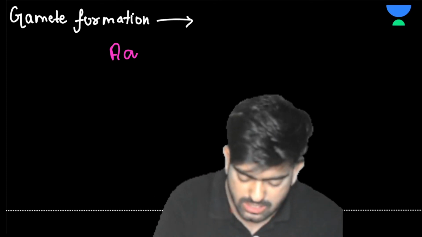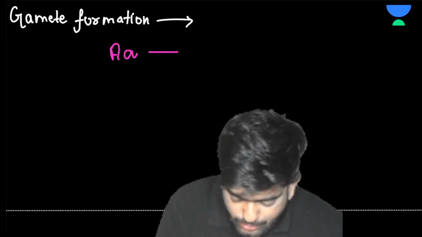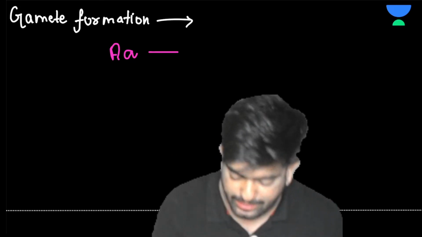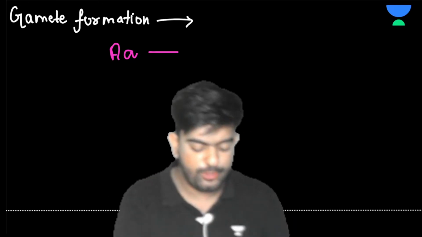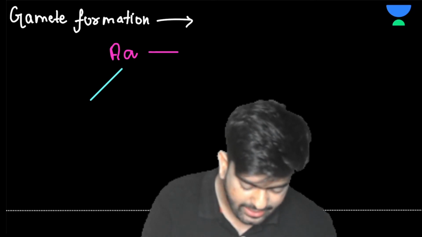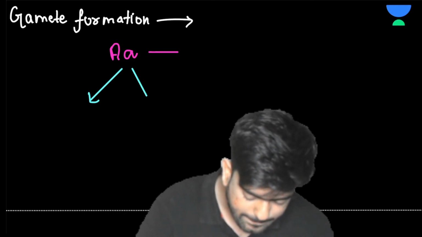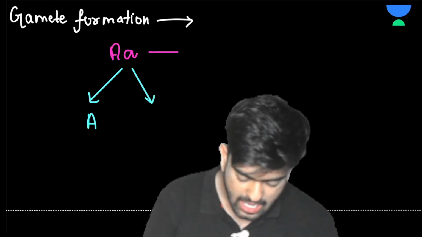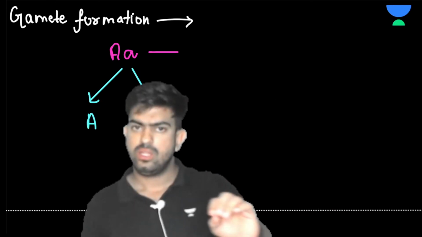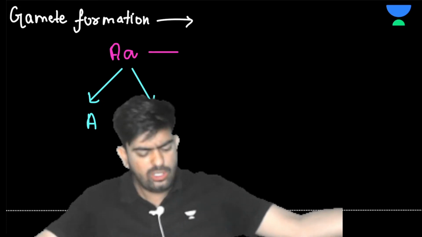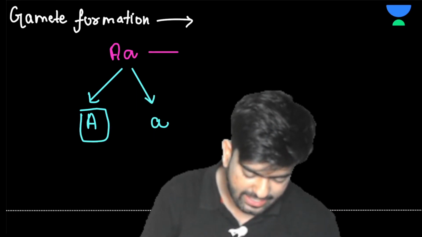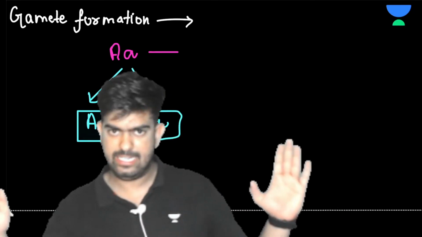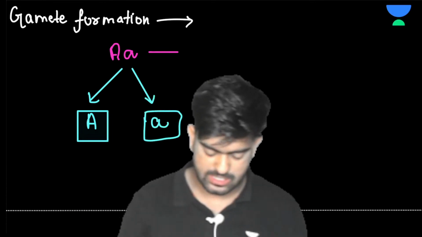That means this is a heterozygous condition. Yes or no? Yes, sir. So whenever we have the heterozygous condition, what you have to do is bifurcate it. So here we have A and here we have small a. These are the gametes. That's all. So this is what we have got, gametes. Clear, sir? Okay. That's very good if it is clear.